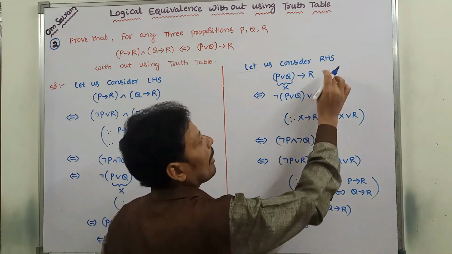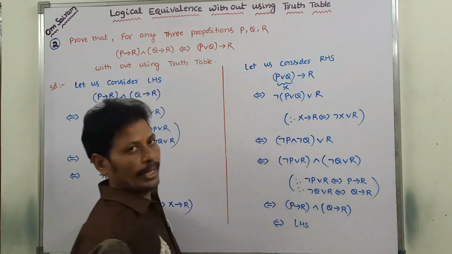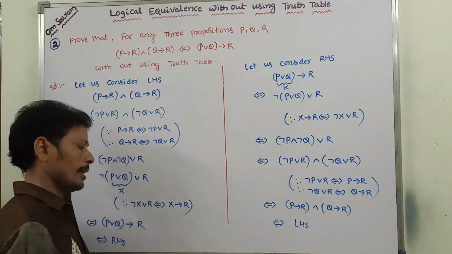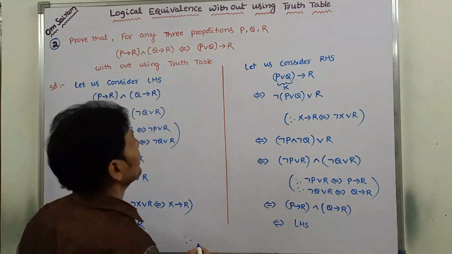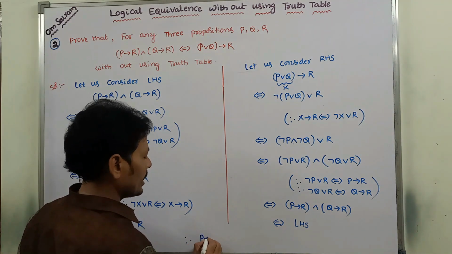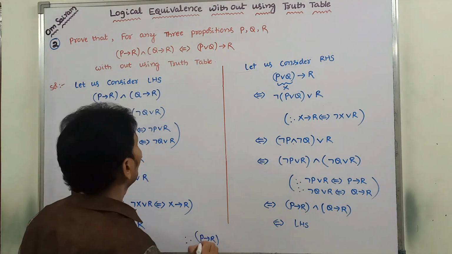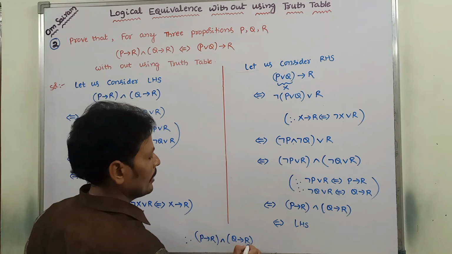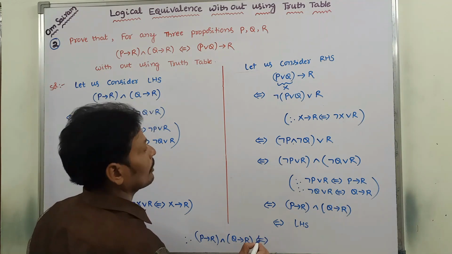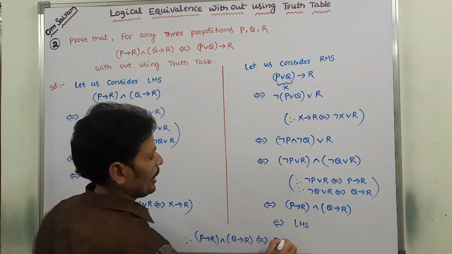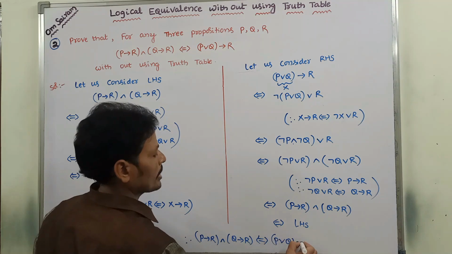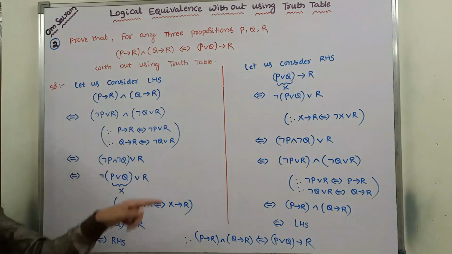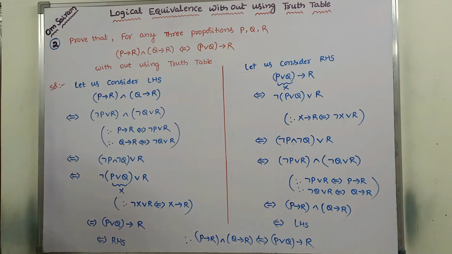So I am taking RHS, we are getting LHS. I am taking LHS, we are getting RHS. Hence we can say that P conditional R and Q conditional R is logically equivalent to P or Q conditional R. In this way we have to solve the problem.